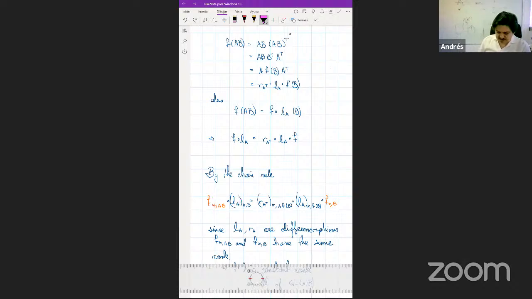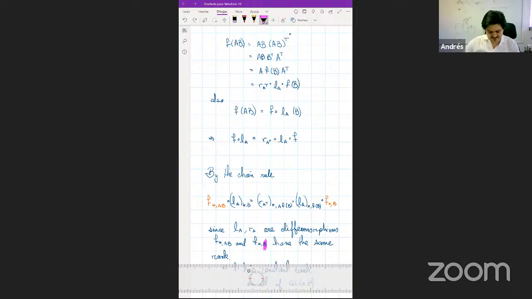The same on the other side. The rank of that linear map is the same as this one because this is a bijection, this is a bijection. Hence, the rank at B is the same as the rank at AB, where A and B are any non-singular matrices.